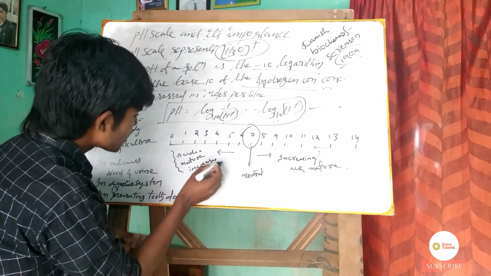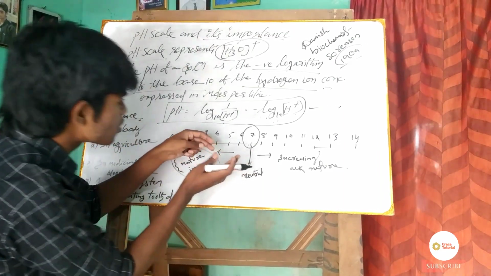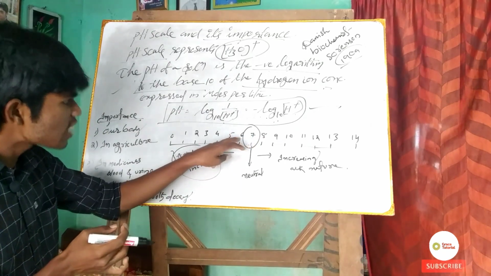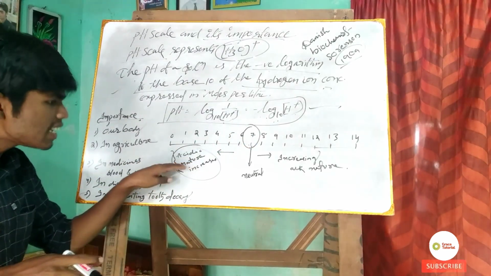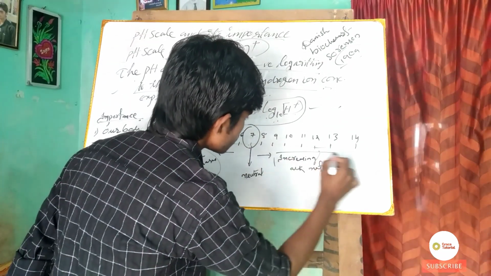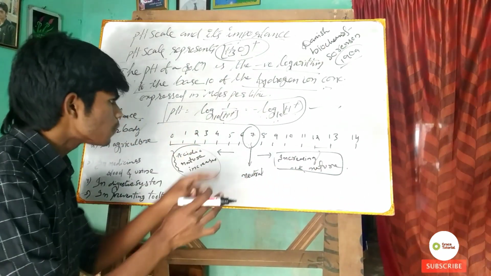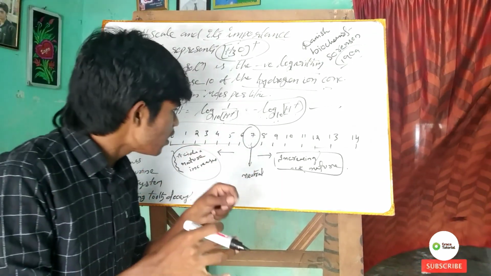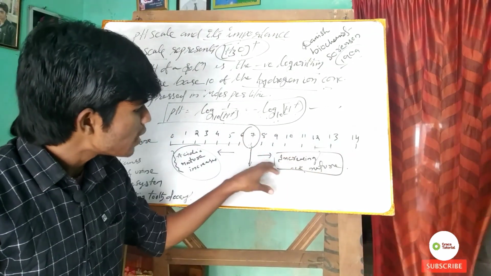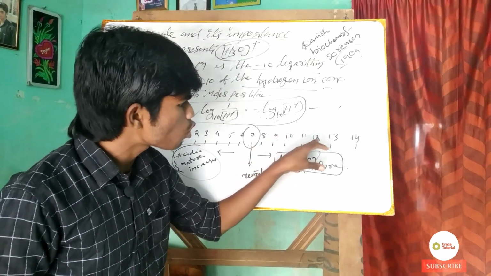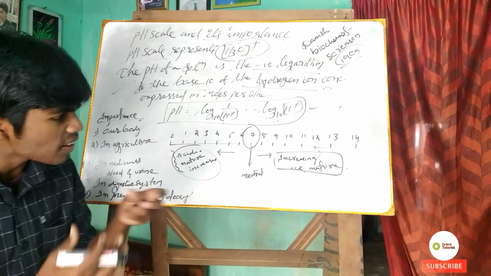That means the acidic nature increases as it goes below 7, from 7 to 6, 5, 4, like this. Similarly, the basic nature increases if it goes above 7, that is 8, 9, 10, 11, 12, 13, 14. All these are basic in nature.